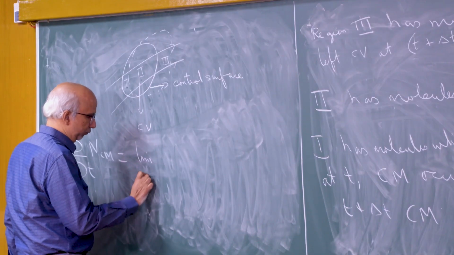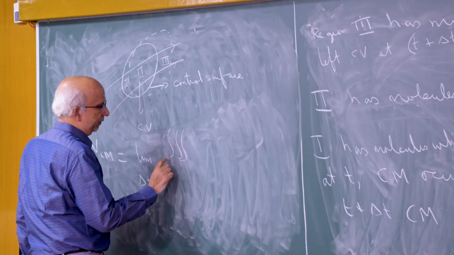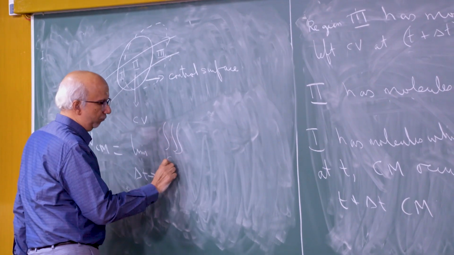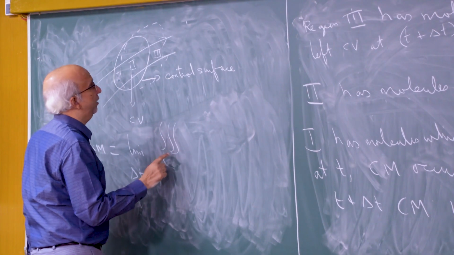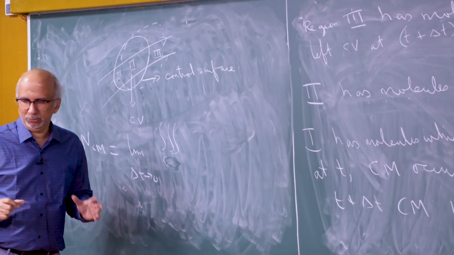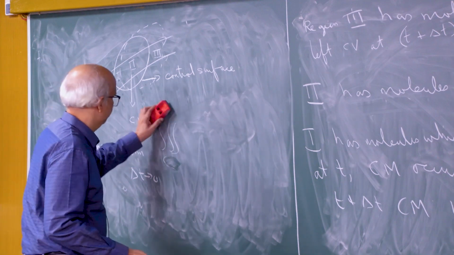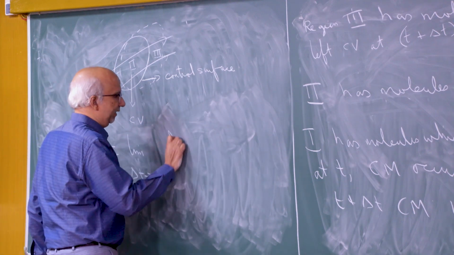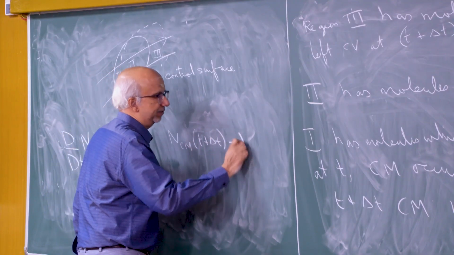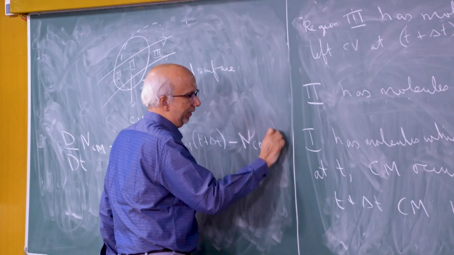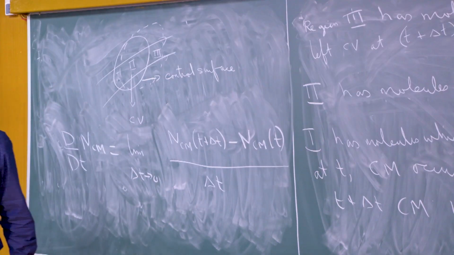This is the limit of delta T tending to 0. And what is the property? I am putting in a triple integral because it is over the control volume, but let me do this in 2 steps. This is N_CM at T plus delta T minus N_CM at T divided by delta T. This is the classical definition of derivative.